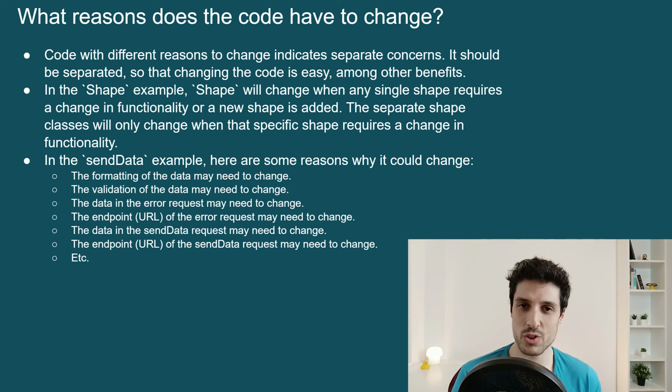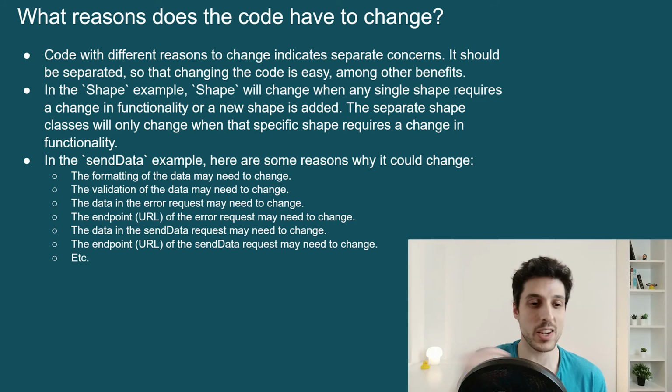So it has a lot of reasons to change. And as we saw, making changes easy is one of our core requirements of software. So again, we want to extract that functionality with different reasons to change so that when we do need to change in the future, it's easier to change. And of course, all the other benefits that smaller units provide.